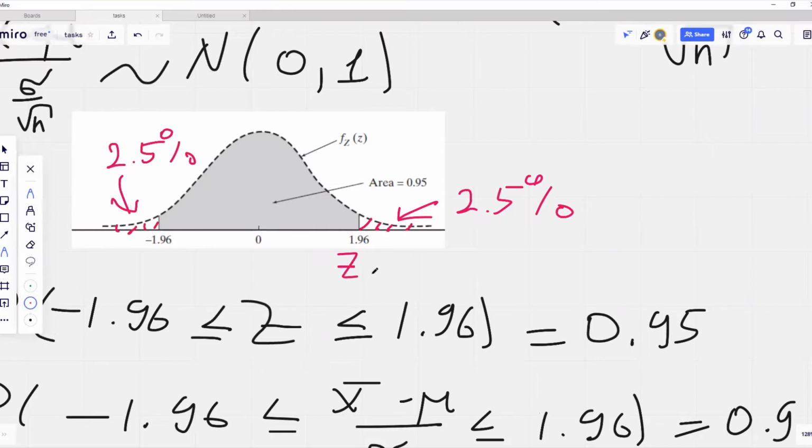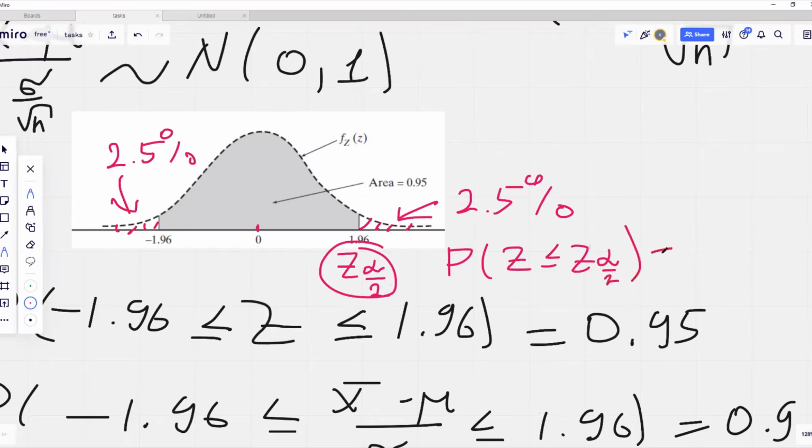Okay, now what do we mean by critical value? In our problem here, critical value was equal to 1.96. This value is given as z alpha over 2. We want 95% of area to be lying around our mean here of the standard normal, which means that to the left of this point, we have 95% plus 2.5% that is in the left tail. So the probability that our random variable z is less or equal than the critical value z alpha over 2 is equal to 0.975.